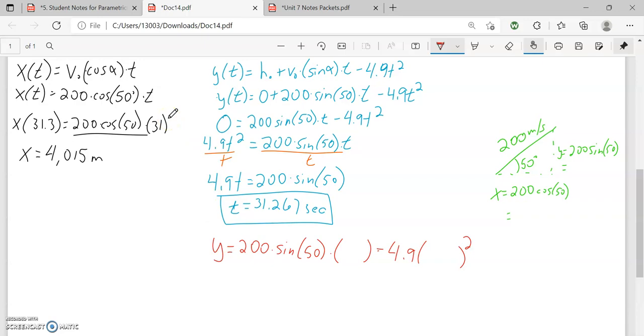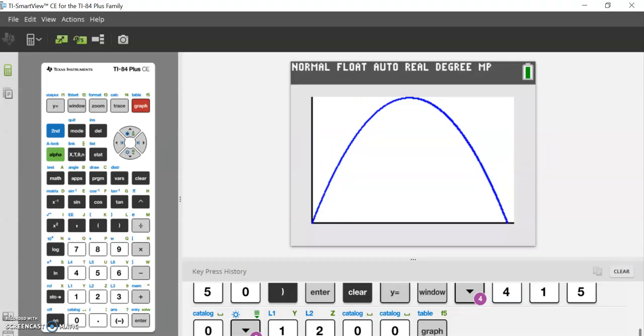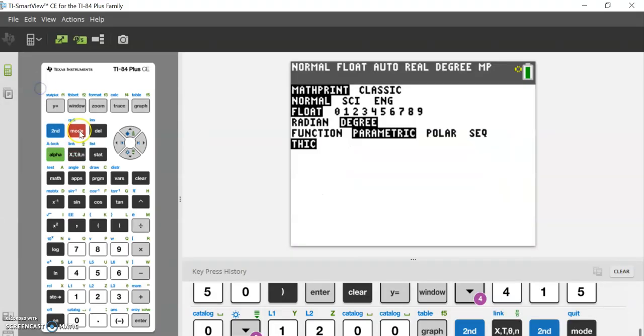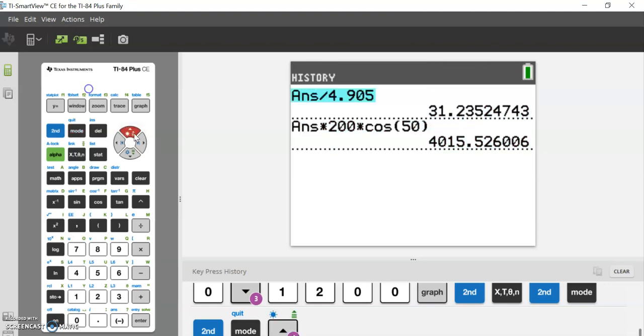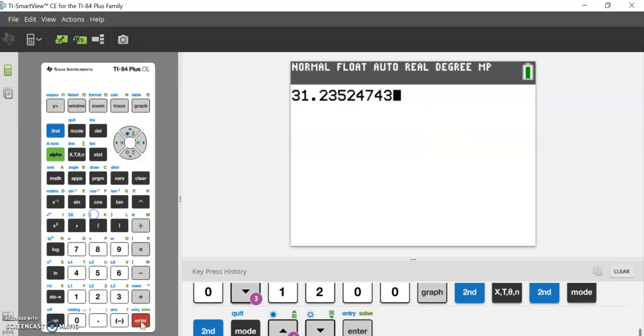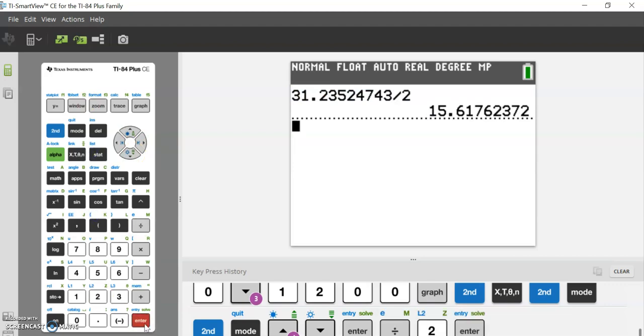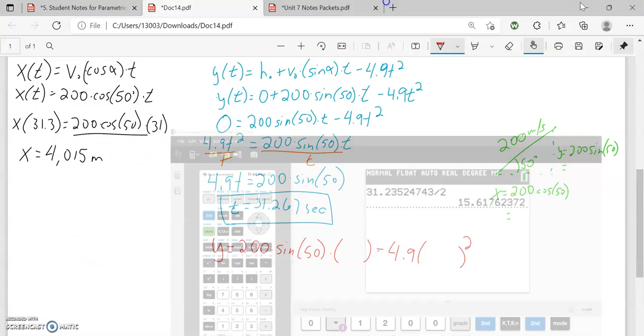So whatever 31 point, there it is. I'm going to hit enter, divided by 2. So we need to plug in 15.617.